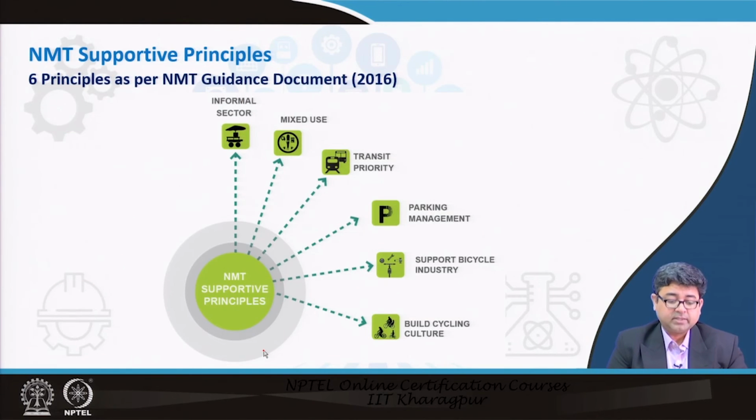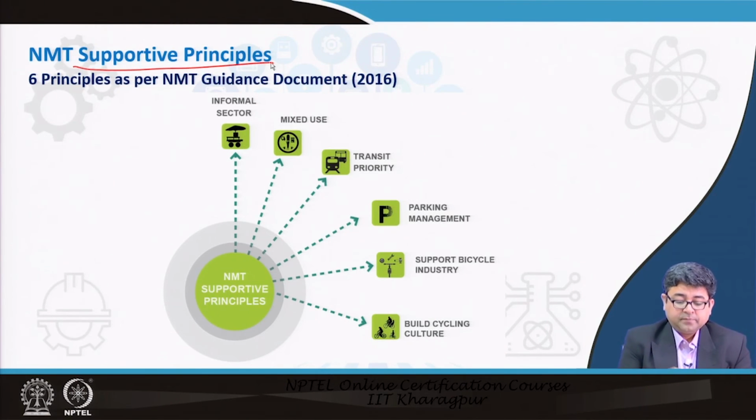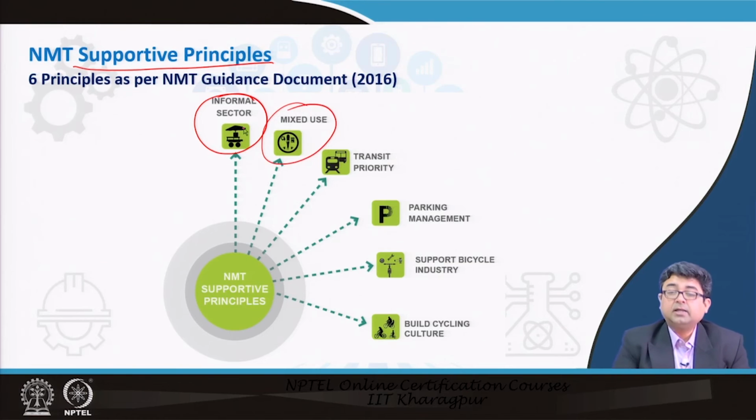a NMT facility. Now, supportive of those guiding principles, there are 6 things that one has to keep in mind. These are supportive principles, right. The first thing, you have to keep in mind the informal sector. You have to make sure that you have mixed usage, mixed land use alongside to promote NMT infrastructure.